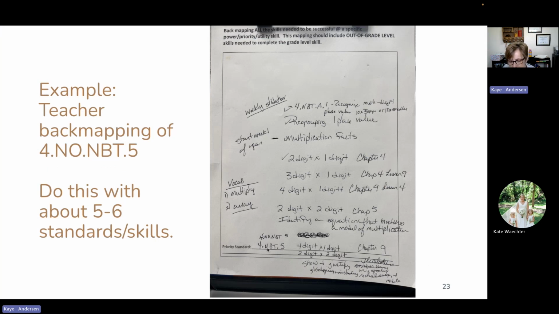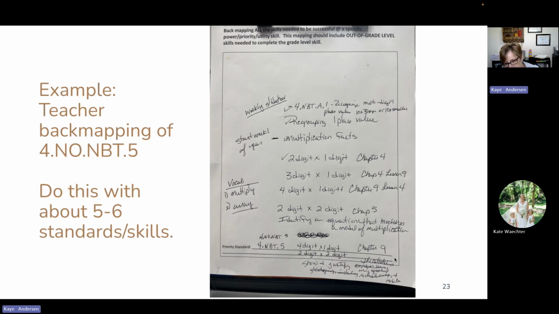So if you take a look on the bottom, I've listed the standard 4th grade NBT 5, which is 4-digit times a 1-digit multiplication, 2-digit times a 2-digit multiplication, and also the ability to show and justify my calculations by either using an equation, by using a multiplication rectangular array, or a different model to demonstrate the multiplication.